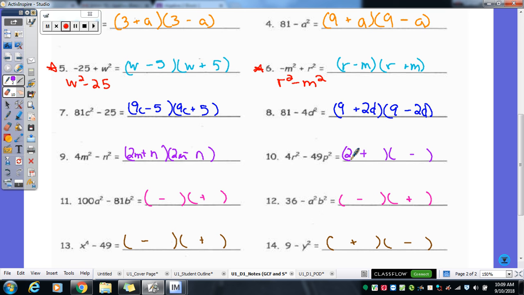And we got 2r and 7p. 1 plus, 1 minus. And then 10a, 9b. Again, 1 plus, 1 minus. And then 6ab.